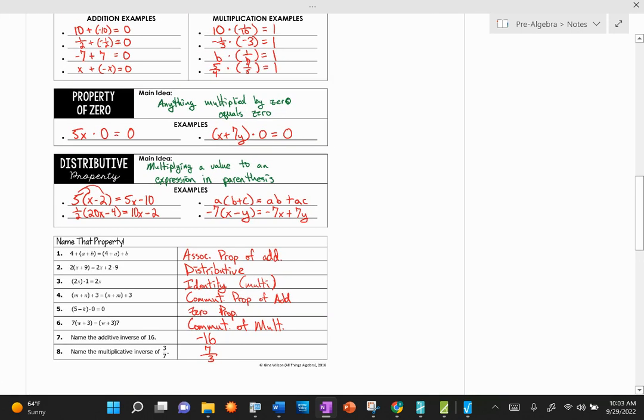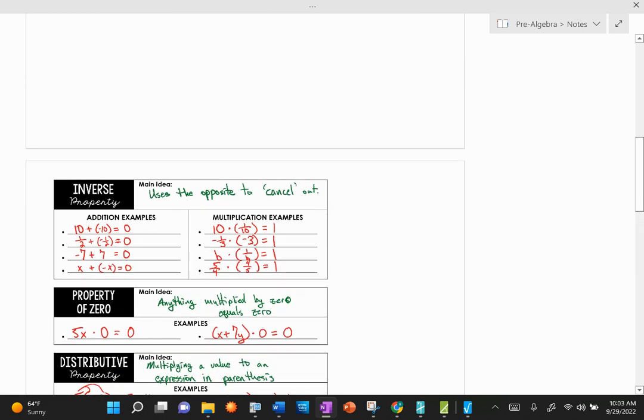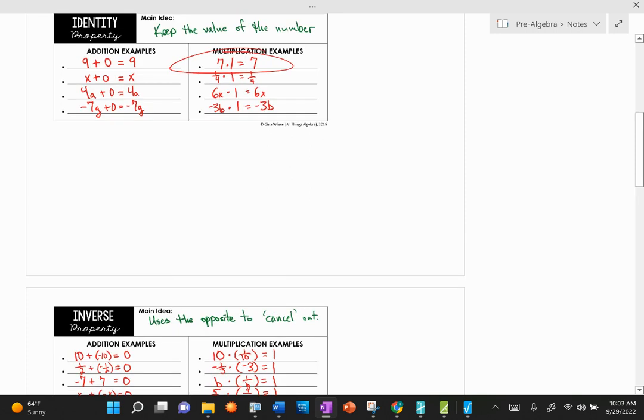Well, that's pre-algebra. Can that be our homework? The same way you find it. I don't know.